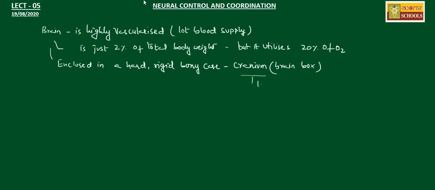So this is located in the part of the skull. When we see here, this is the location where the brain will be present. This is the upper portion here.